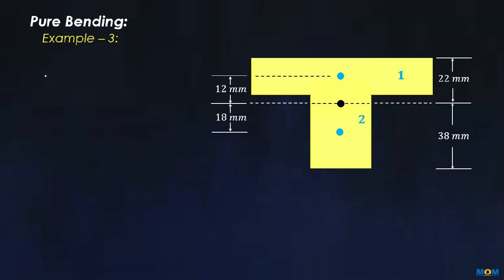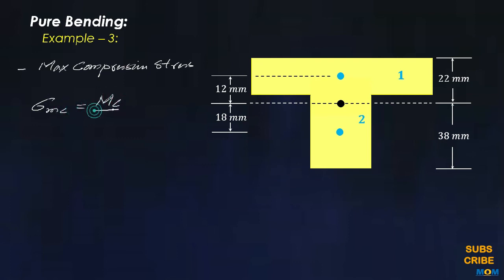Now for maximum compressive stress, sigma max compressive is Mc upon I. Now for compression, since the bending moment is downward, the compression would be at the lower surface. For maximum, we have to calculate at distance 38 millimeter.